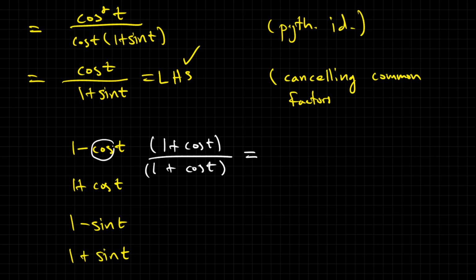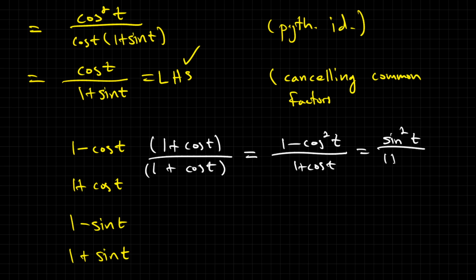So in this case, we can change cosine to sine, because what will happen is you'll get 1 minus cosine squared t divided by 1 plus cosine t. And so this will be sine squared t by the Pythagorean identity. So if you had 1 plus cosine t floating around in your problem, you could multiply that by 1 minus cosine t over 1 minus cosine t.